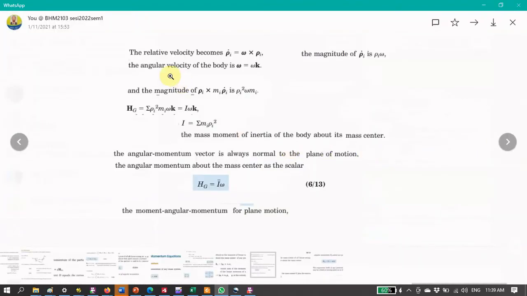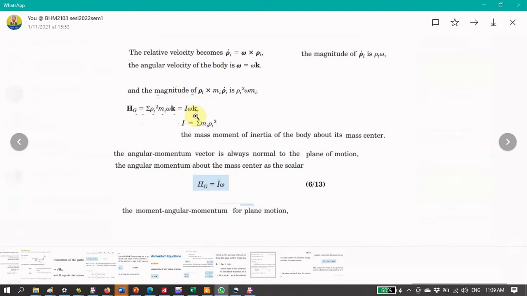Right, so here I'm repeating what I've said before. Here we look at the individual mass inside the rigid body, and we want to calculate the angular momentum of the rigid body about its mass center, which is equal to the moment of inertia about the mass center times the angular speed of the rigid body.